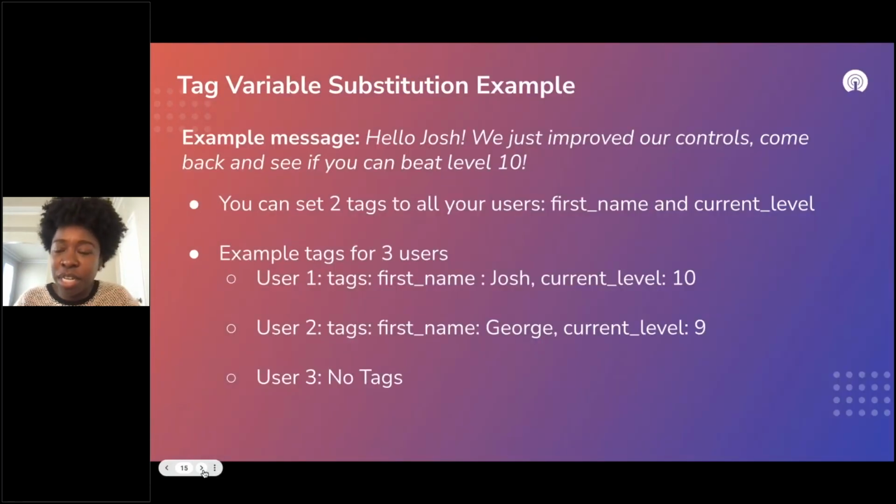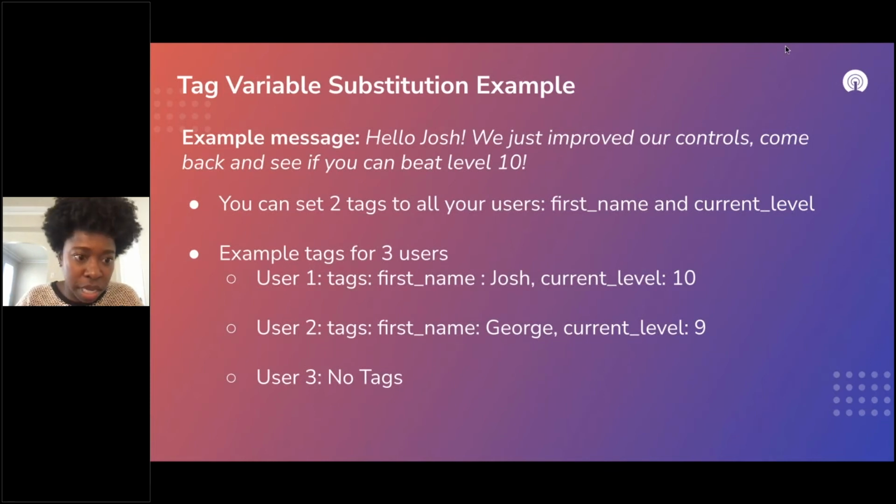So to continue and hopefully drive this tag variable substitution a little bit further, I wanted to walk through a quick example with you all. You'll see here, the message that I want to send to my users is just, "Hello, Josh, we've just improved our controls. Come back and see if you can beat level 10." For this message, the two data tags that I want to set are first name, so I can incorporate the user's name, and current level, so I can incorporate what level they're currently at within the game.